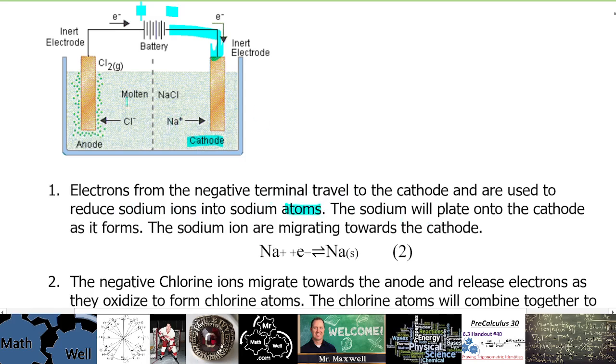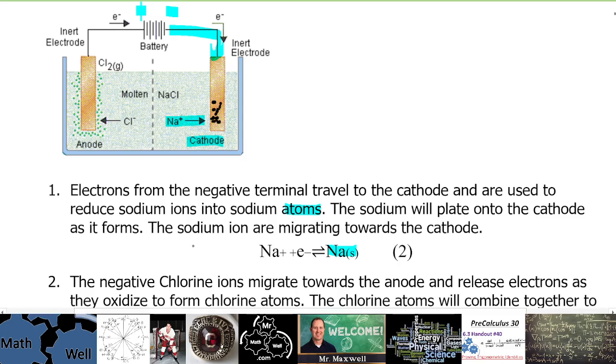Again, we have liquid NaCl in here, and we're trying to create sodium solid and chlorine gas. The sodium is picking up electrons to become sodium solid. The sodium will plate onto the cathode as it forms. The sodium ions are migrating toward the cathode, and we have sodium solid forming on this cathode.